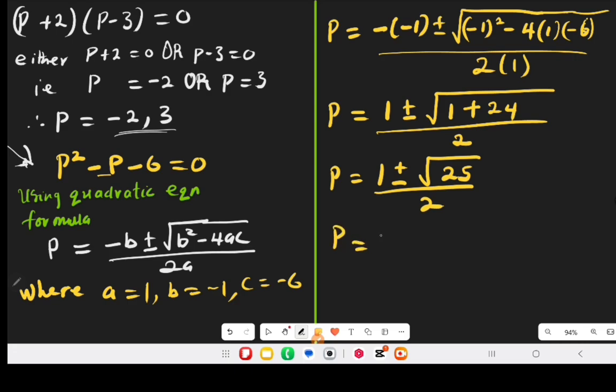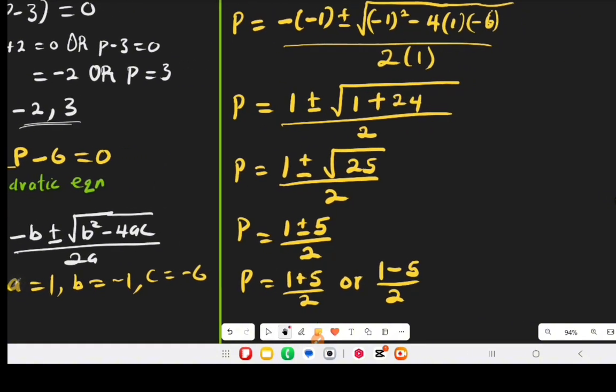The square root of 25 is 5. Then p is equal to 1 plus 5 all over 2, or 1 minus 5 all over 2.